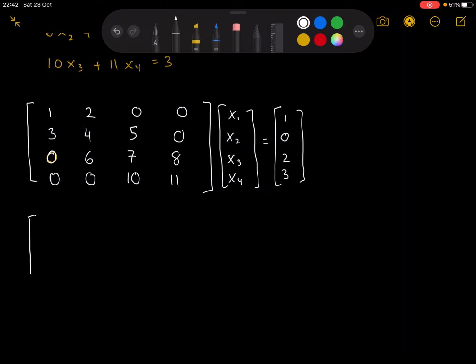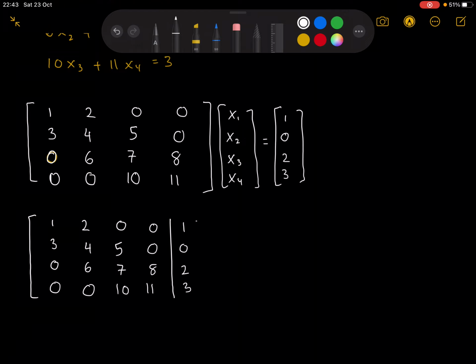Next, we write it in augmented matrix form. So we've got 1, 3, 0, 0, 2, 4, 6, 0, 0, 5, 7, 10, and 0, 0, 8, 11, and then 1, 0, 2, 3.